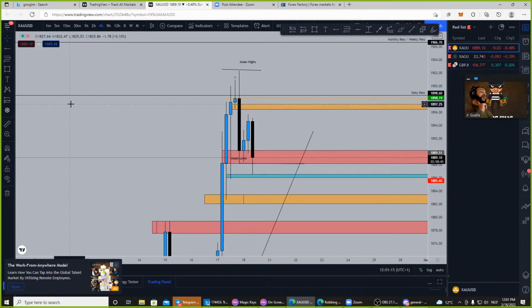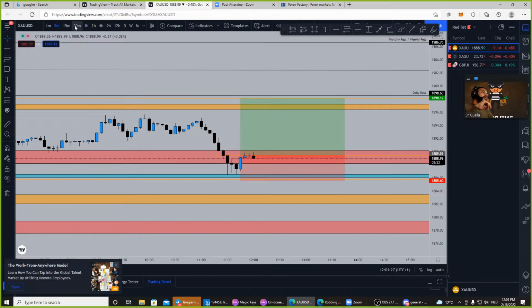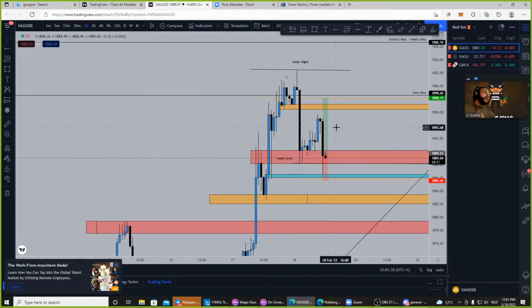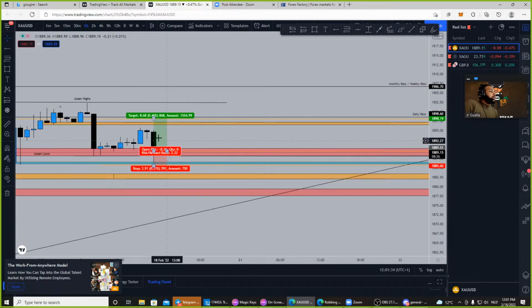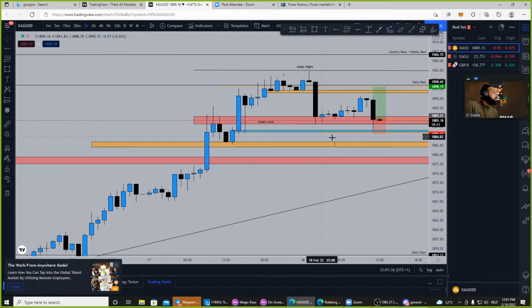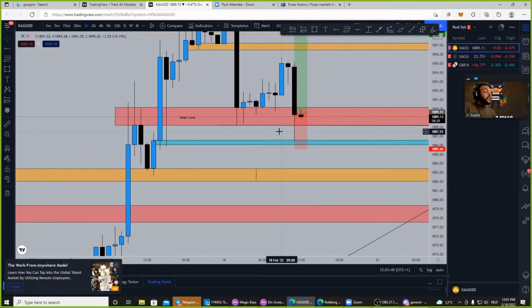This might take a swindle and take a shit on me. 30 minute. Yeah. So now it's drawdown, whatever. So now let's just see what it wants to do, right? So if price comes down into the area it rejected and it rejects again.